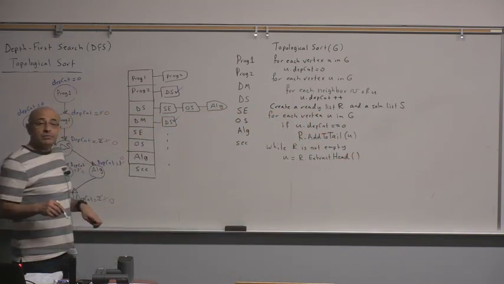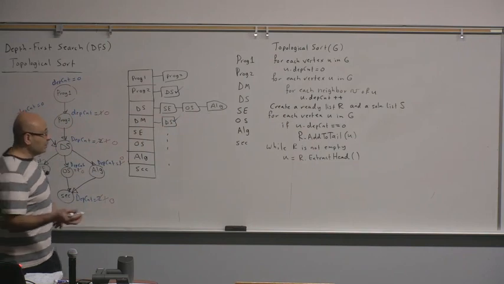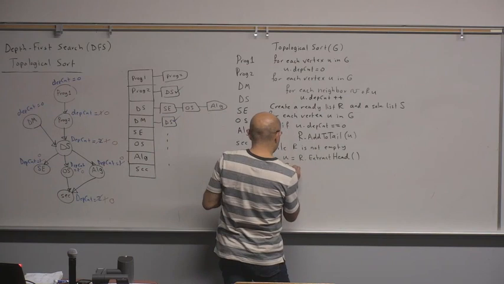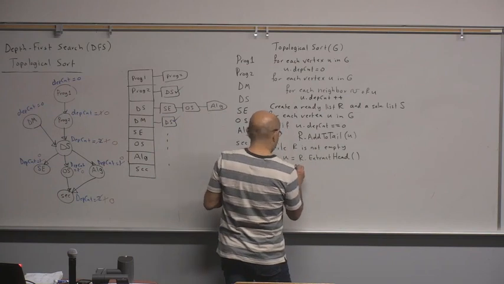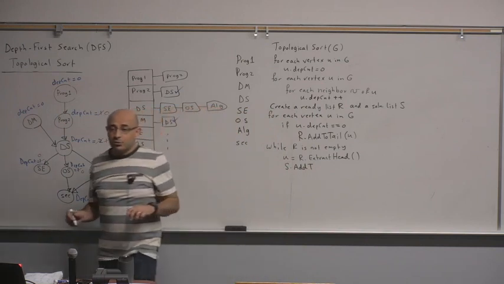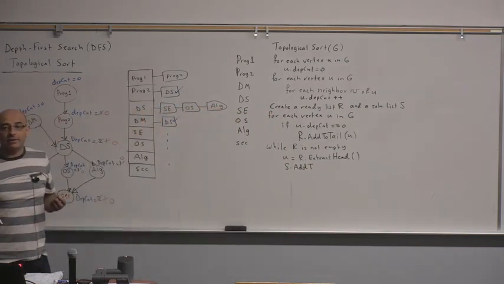Then what should we do? So we put it in the solution. So we extract it and we put it in the solution. So we do S dot. Now in the solution list, should we add to head or add to tail?